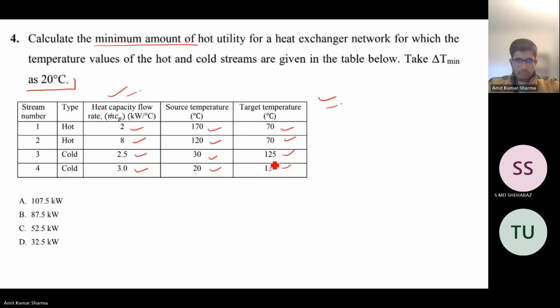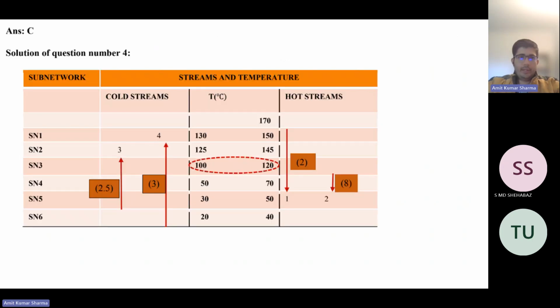So as a hint, try to make this table. In this, we have to make the cold stream and the hot stream.